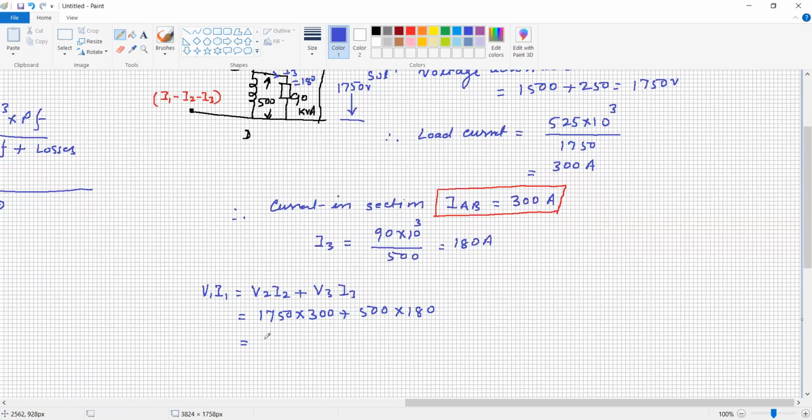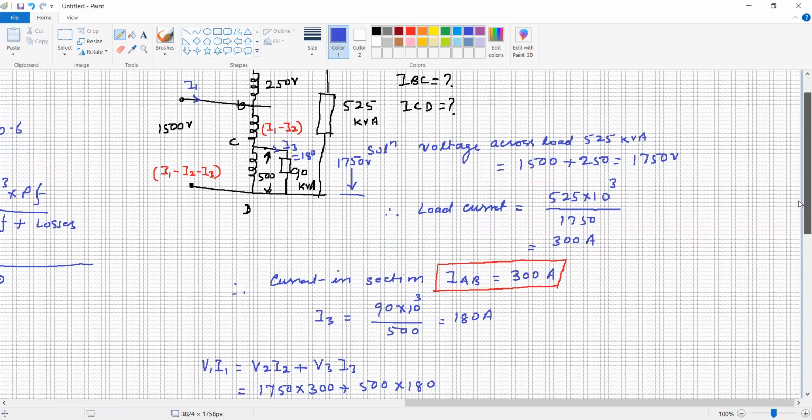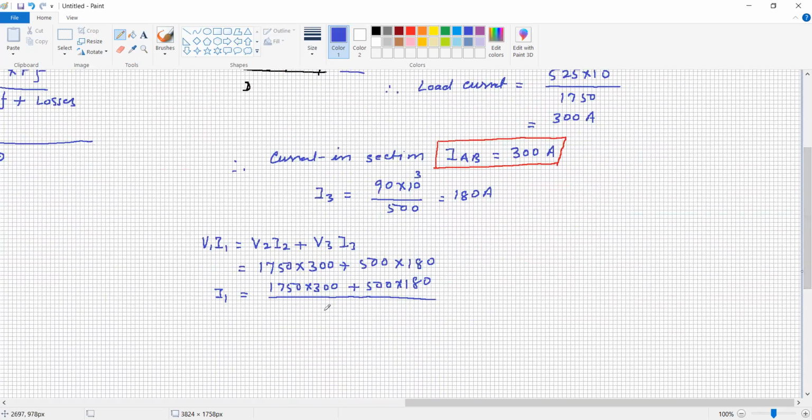We can calculate the current I1 equal to 1750 multiplied by 300 plus 500 into 180, divided by voltage V1. What is the voltage V1? Here the voltage V1 is 1500. So current is equal to 410 ampere.